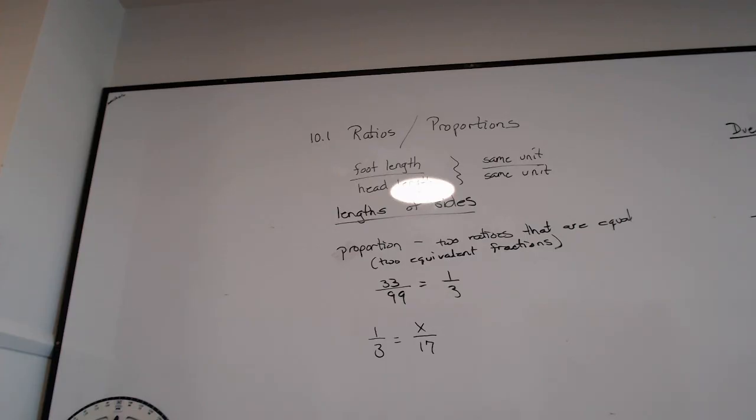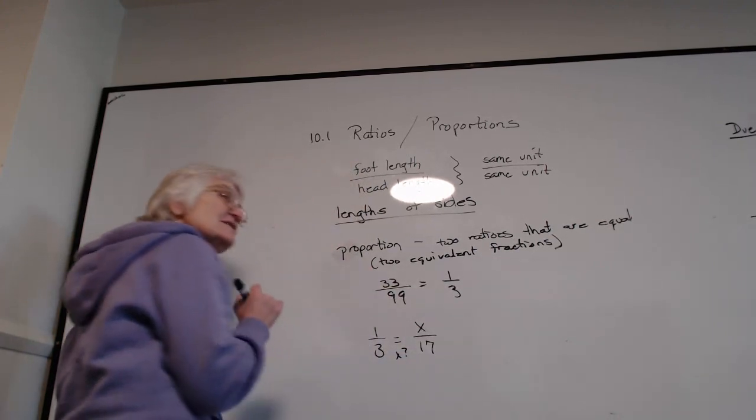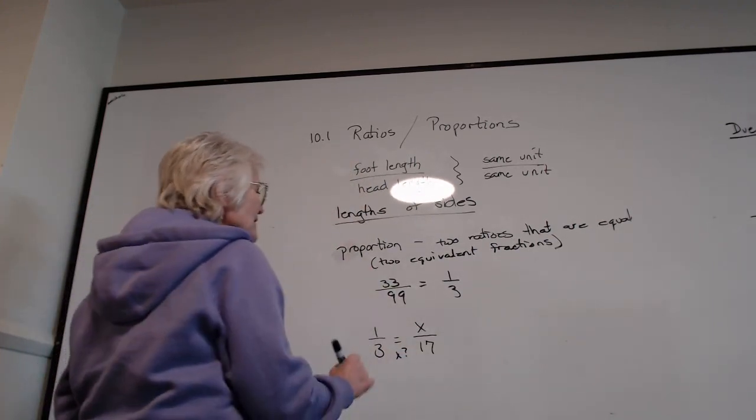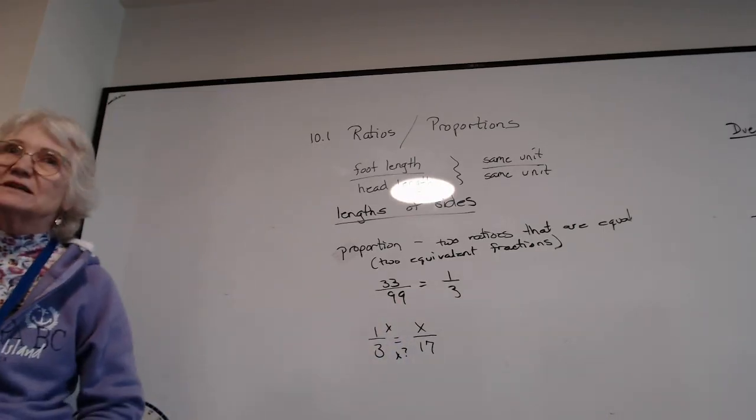That is one way of doing it. Take 3, divide it into 17, multiply it by 1, and you will get the right answer. So if I could find out what times 3 gives me 17 by dividing 3 into 17 and then multiplying this by the same number, that is one way to do it.